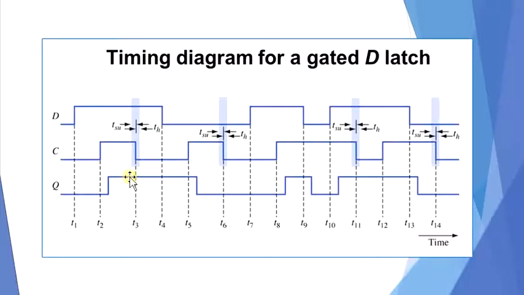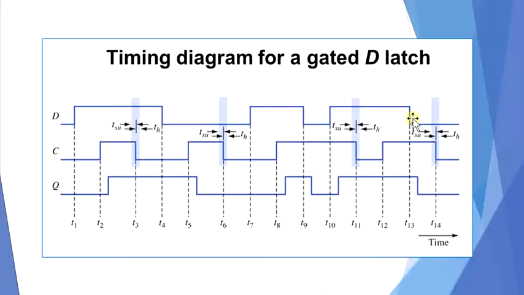To obtain this latching operation, a constraint is placed upon the D signal for some minimum time before and after the enable signal goes from logic 1 to logic 0, and this is shown by the shaded area in the figure. For proper operation the D signal must not change during this period.